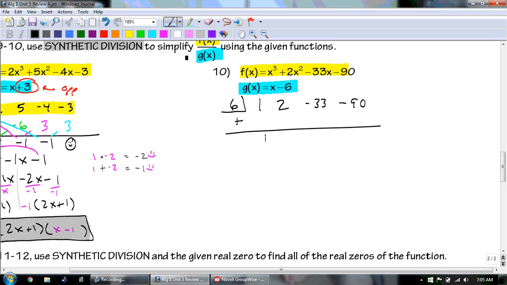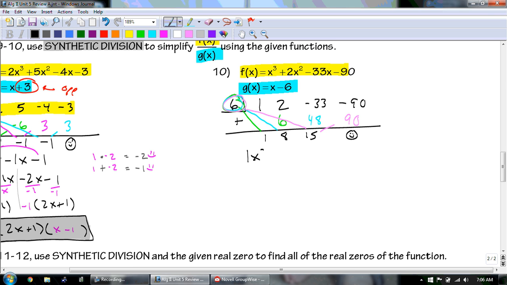Okay, we drop the 1. 6 times 1 is 6. 2 plus 6 is 8. 6 times 8 is 48. -33 plus 48 is 15. And then 6 times 15 is a +90. And then we're done with the synthetic division.